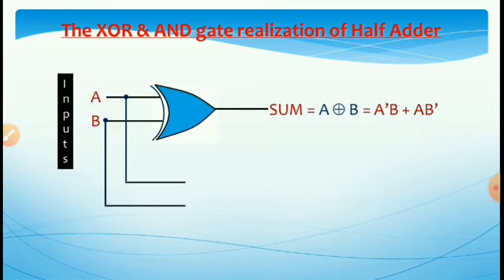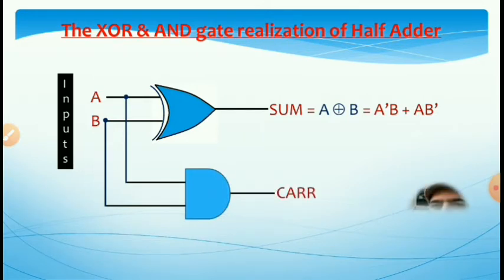This is the formula of XOR gate. Now we take the connection from A and B as input and pass it through AND gate, and we get carry = AB. So this is the diagram for half adder.